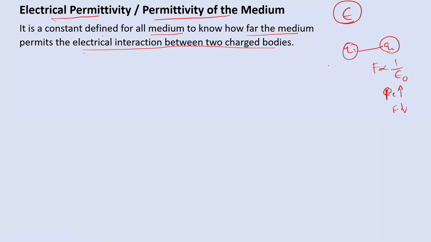Here the symbol is given, and this electrical permittivity is also called absolute permittivity. This is actually a very important topic that you need to know without any confusion.